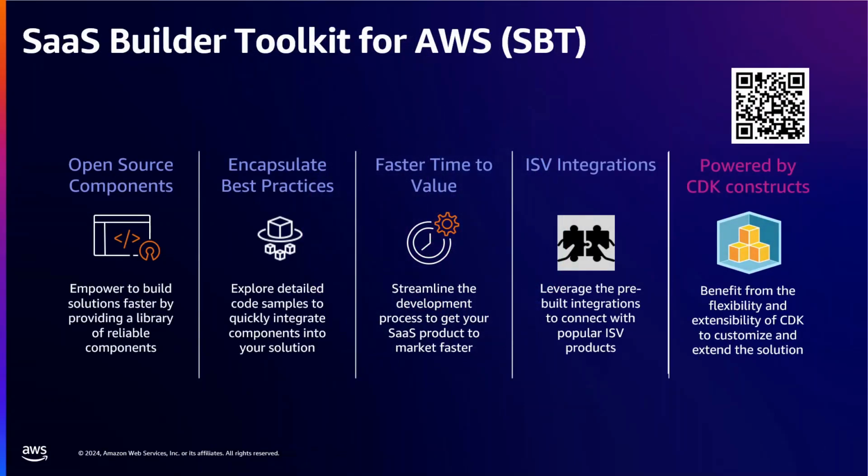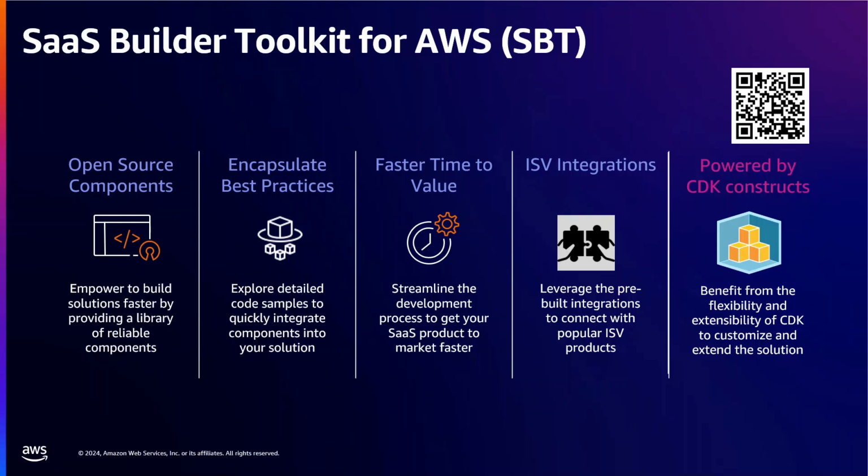Hence, we happily introduce the SaaS Builder Toolkit, or SBT, which is developed by our AWS SaaS Factory community. It is an open source collection of modular components and best practices designed to streamline SaaS development on AWS.